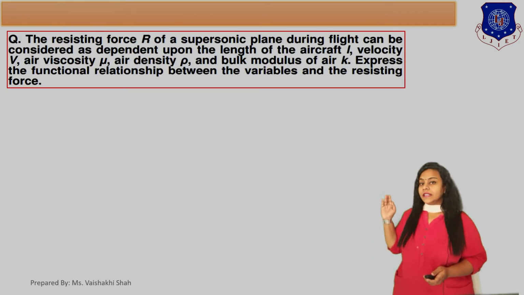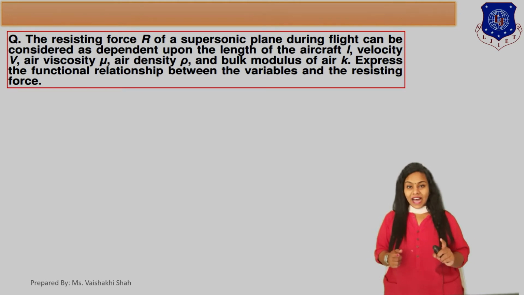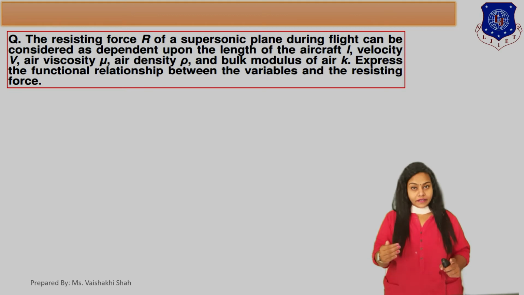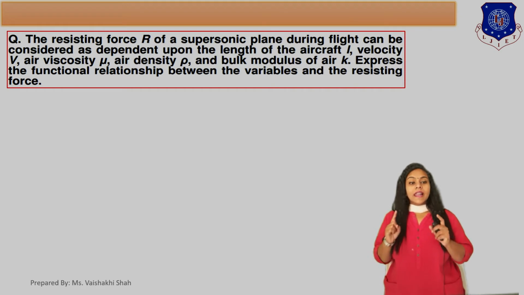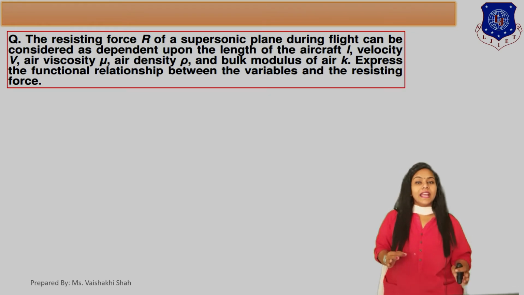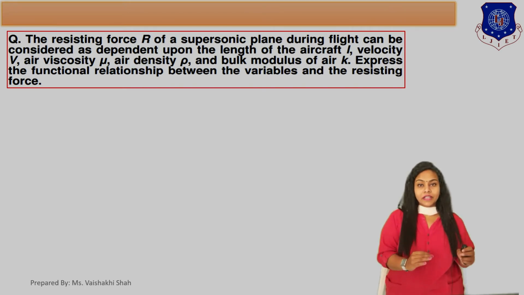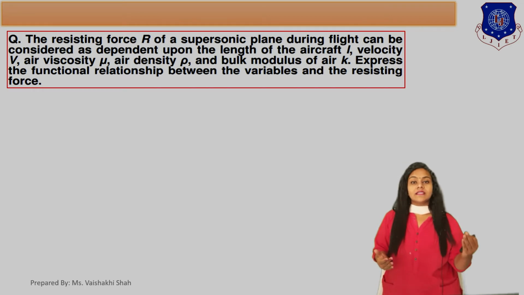In this example, the data given to you is: the resisting force R of a supersonic plane during flight can be considered as dependent upon length of the aircraft, which is L, velocity, which is V, air viscosity, which is mu, air density, which is rho, and bulk modulus of air, which is K. Now express the functional relationship between variables and the resisting force.